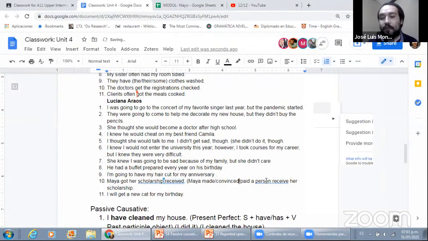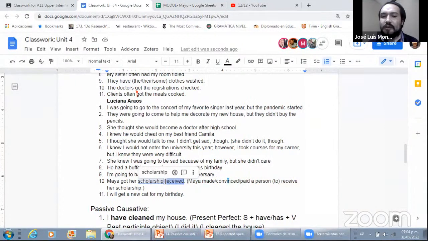Of course, the verb would not be receive anymore, it would be to receive or something like that; with make it is only receive, but that is the idea. So if you try to transmit that idea, that Maya made or convinced or paid a person to receive her scholarship, then it's correct. Perhaps you can also say accepted instead of receive.